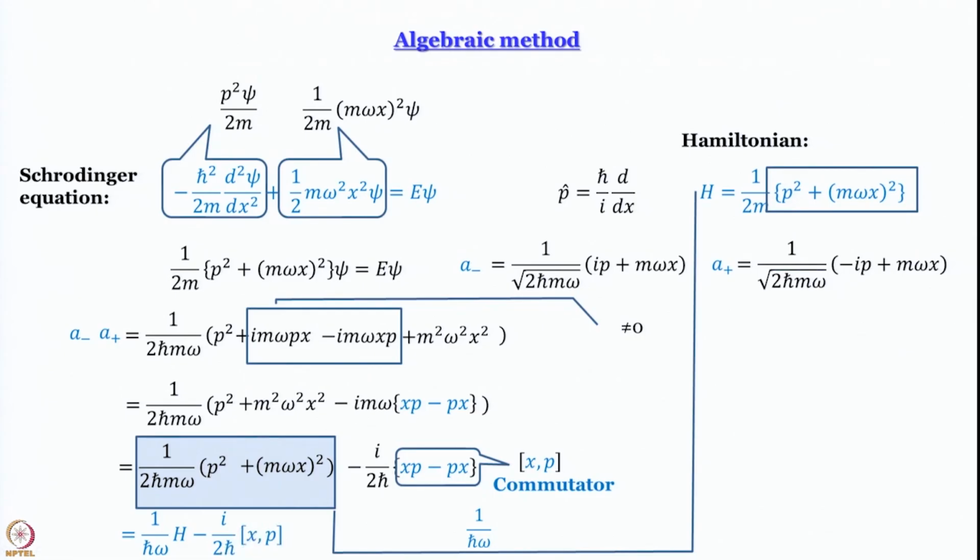The advantage of this is that the value of commutator of x and p is actually worked out already, and we are going to work it out anyway in the next part of the discussion. So, once you have that, you get a convenient notation, a convenient way of writing the Hamiltonian. Okay, right.